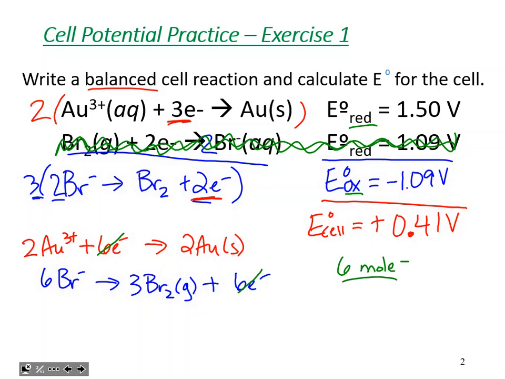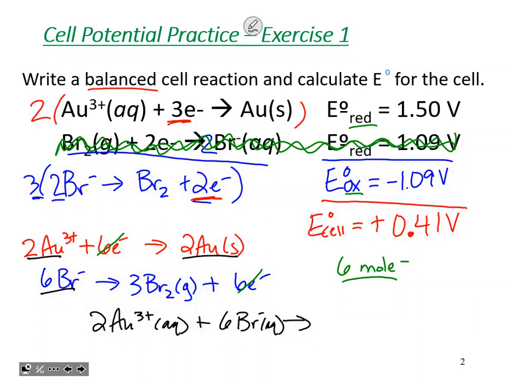Then all you would do is combine them. So we get our 2 Au3+, this is aqueous because it's an ion, plus our 6 of the bromide, which is aqueous. That's going to give us 2 of our gold solids and 3 of our bromine gases. So this would be the overall balanced reaction.